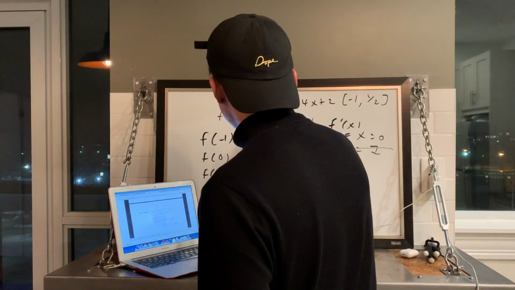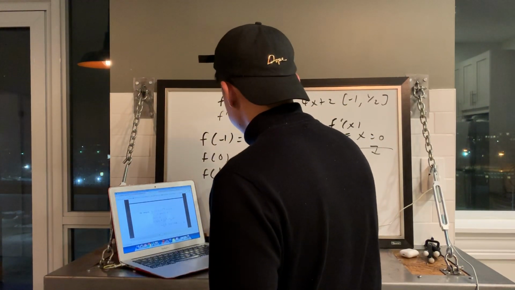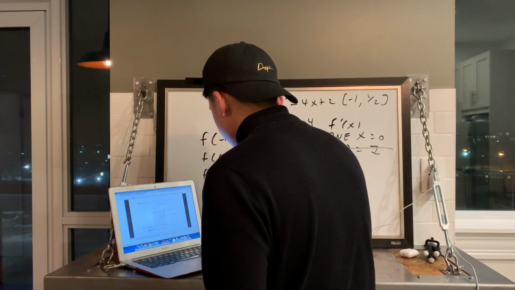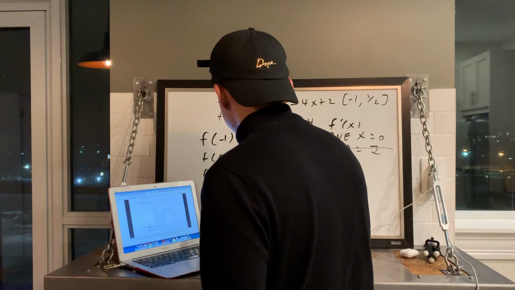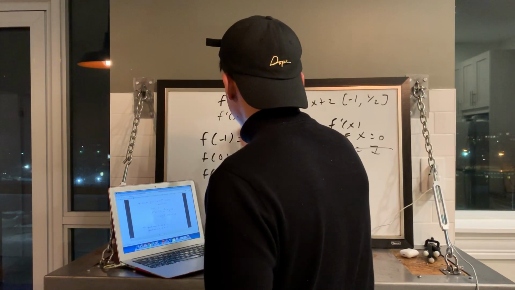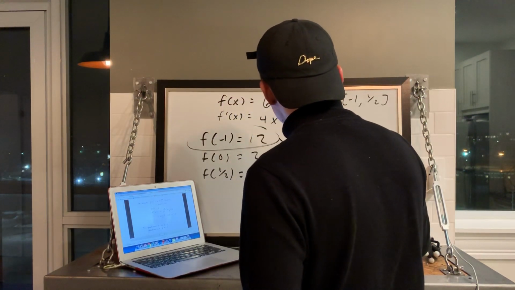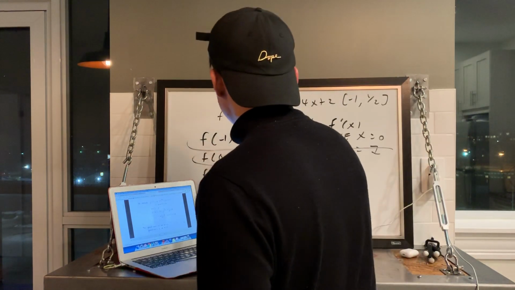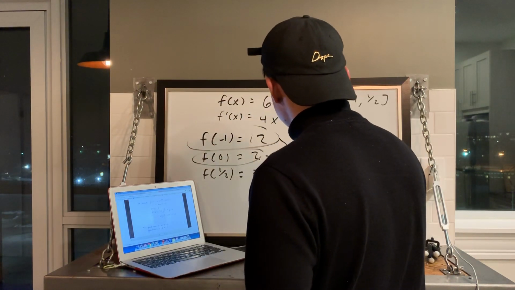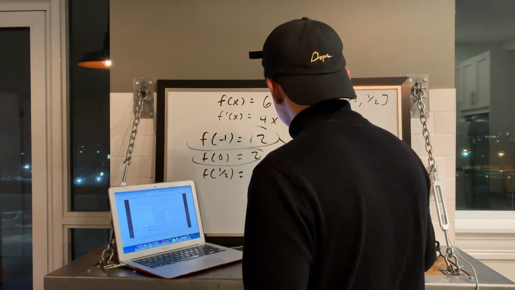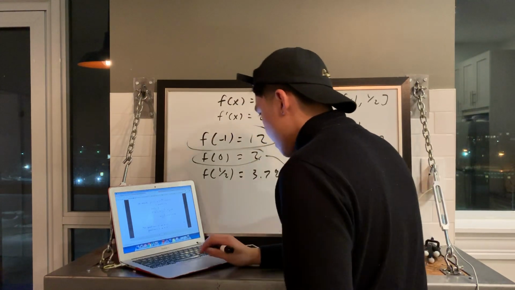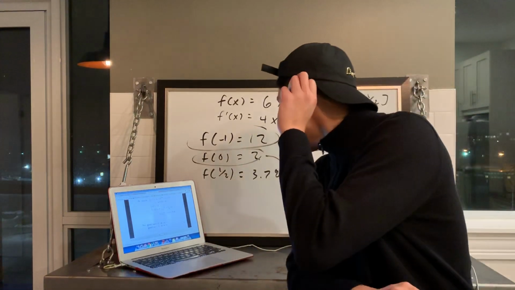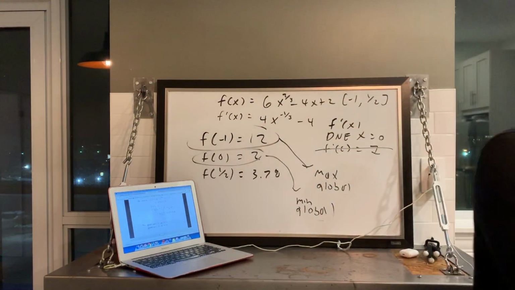You should be getting something in the ballpark of 12, 2, and 3.78, meaning that this is the max and this is the min. Global min at x equals 0 and global max at x equals -1. So those would be the values.